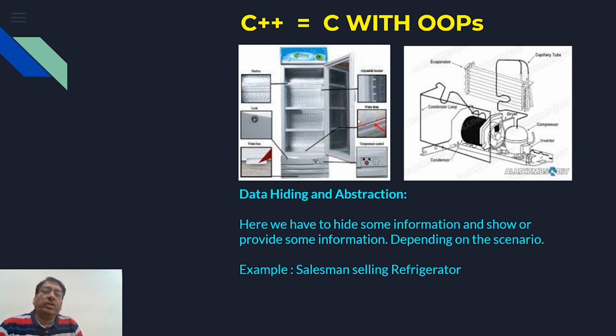But he will never talk about devices like the compressor at the back of the refrigerator, the thermostat, the condenser, and all that. He will never open the back portion to show these devices.